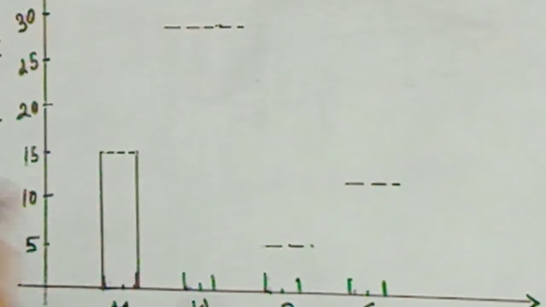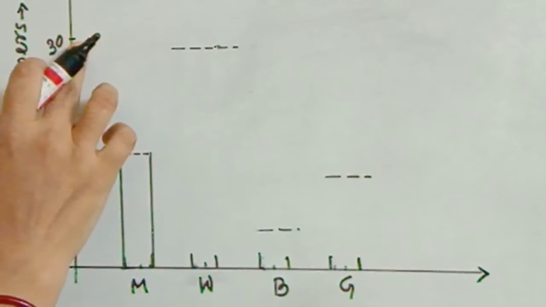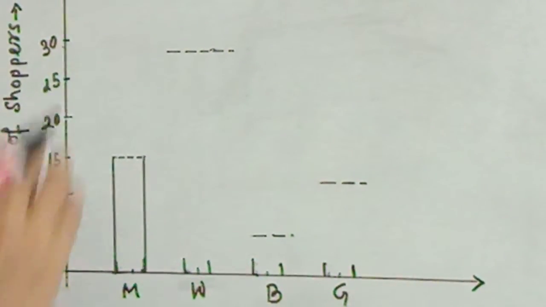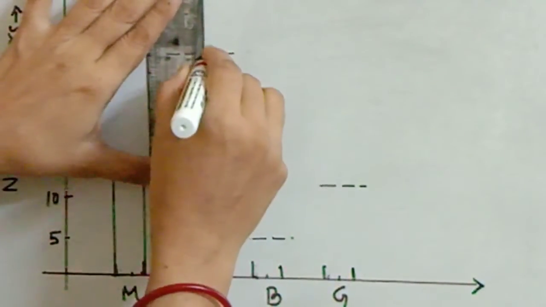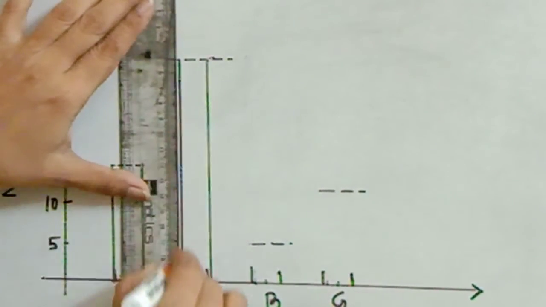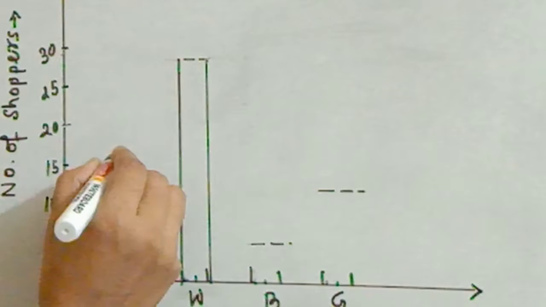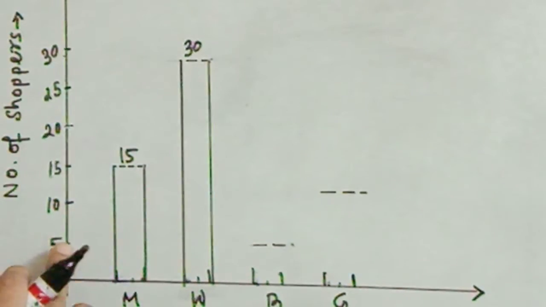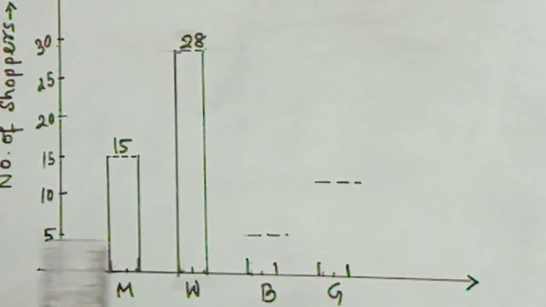Next is women, and the number of women is 28. So 25 and 30, it is very near to 30. If you divide this portion into 5 equal divisions, it will be very near to 30. So draw this bar also. Then for the boys it is 5.